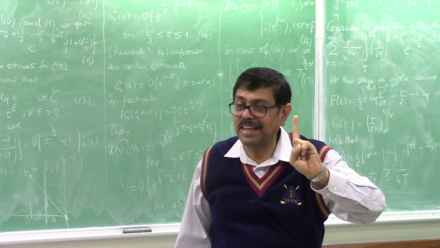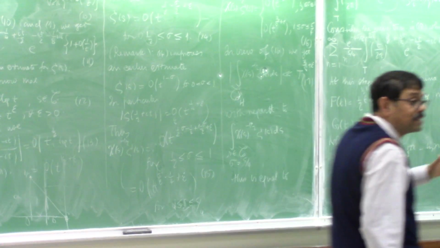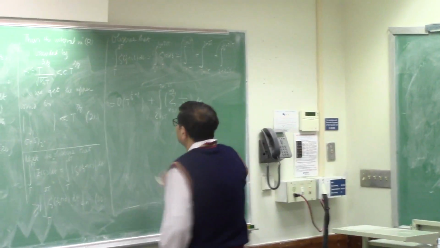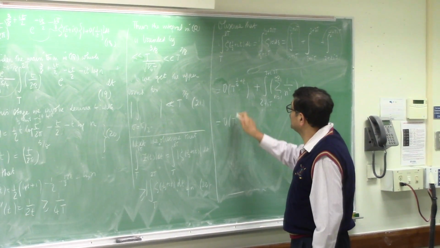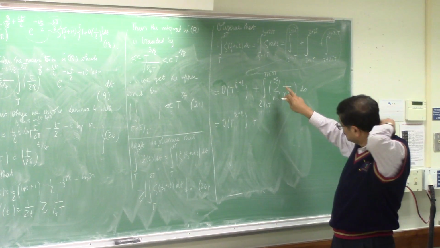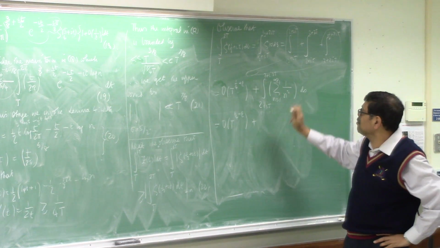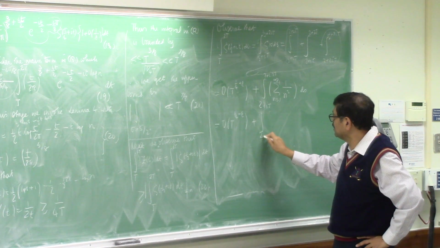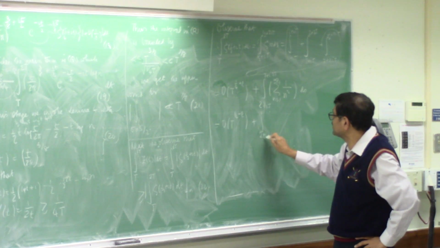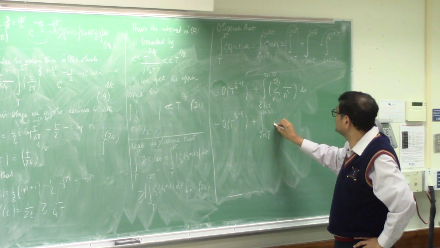That will be the only thing that will contribute significantly to this integral. It's amazing. So write this as capital O of t to the 1/4 plus epsilon plus just the term corresponding to n equal to 1. The term corresponding to n equal to 1 is just the integral from 2 plus it to 2 plus 2it of ds.